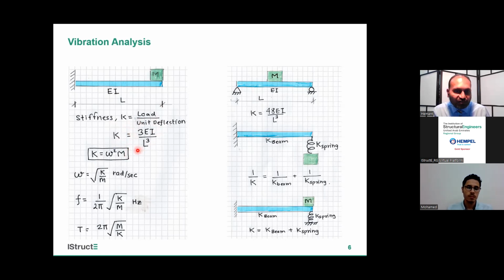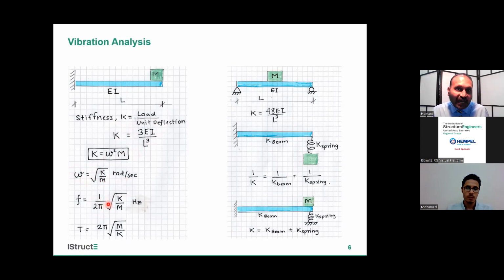For the fundamental frequency, the fundamental equation of vibration, stiffness equals omega square times inertia, mass. We rearrange, so we get angular frequency, which is under root K over M. And if I want to calculate in Hertz, I have to divide by 2 pi.